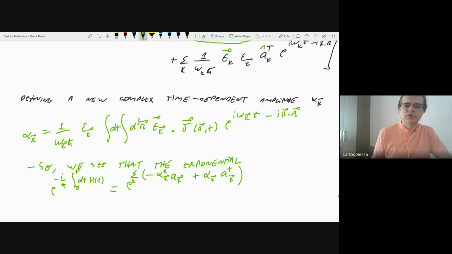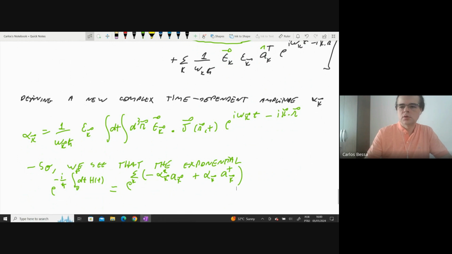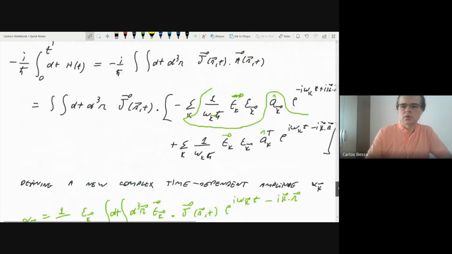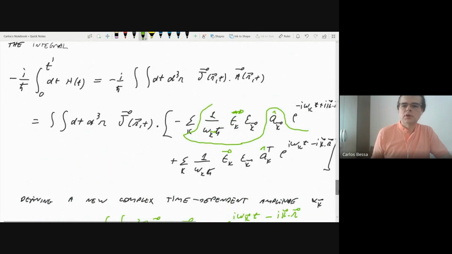So with this definition, the term associated with the annihilation operator is the alpha conjugate, and the other term associated with a dagger is the definition of alpha.